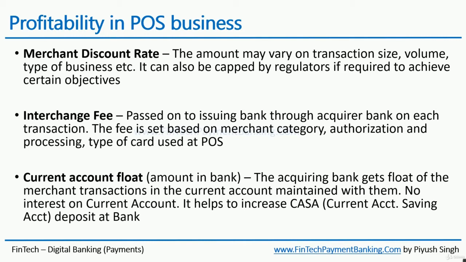So the acquirer bank earns on the current account float, or the balance which the merchant has with the acquirer bank, because in a current account the banks do not have to give any interest to the merchant. But the acquirer bank can enjoy this float, or the current account balance which these merchants have maintained, and the acquirer bank can use it for further lending and for all other banking services.